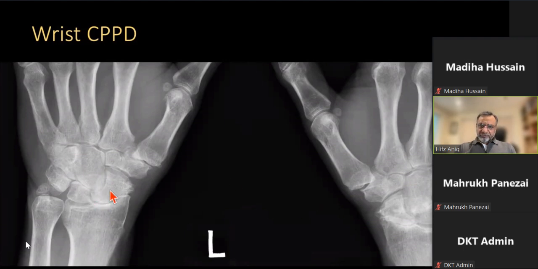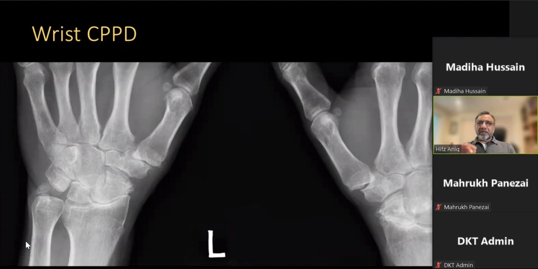So they are bilateral but asymmetrical. Okay. Joints are involved. Can you see any erosion? No, you don't have to see. So sorry, can you see any calcification? Probably not. But you don't need to see calcification when you see this appearance. This is very typical of CPPD.